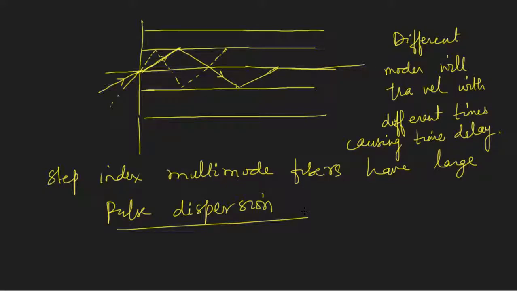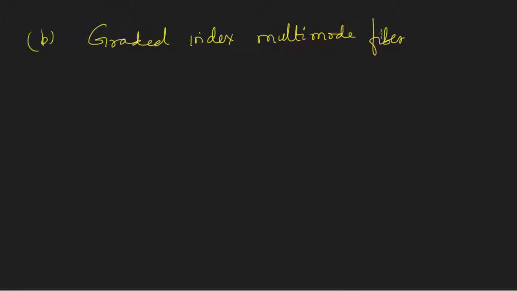Now we see another category, B, that is graded index multimode fiber. Now the definition is obvious. Graded means change.